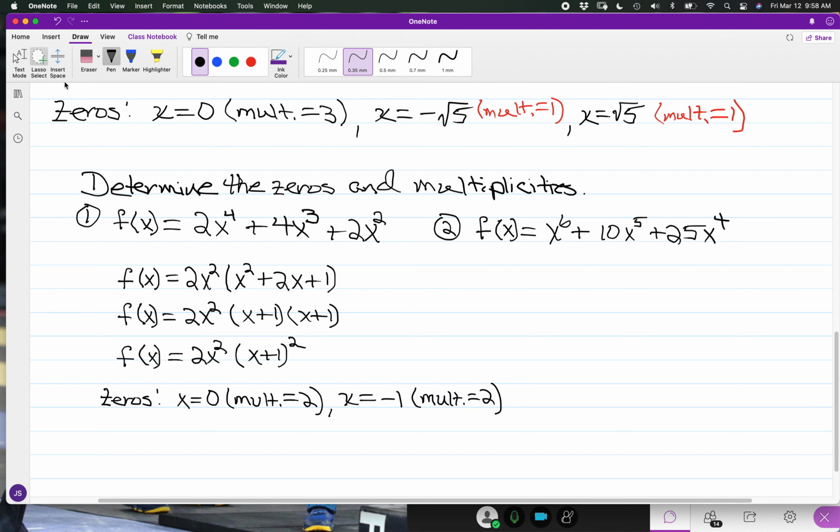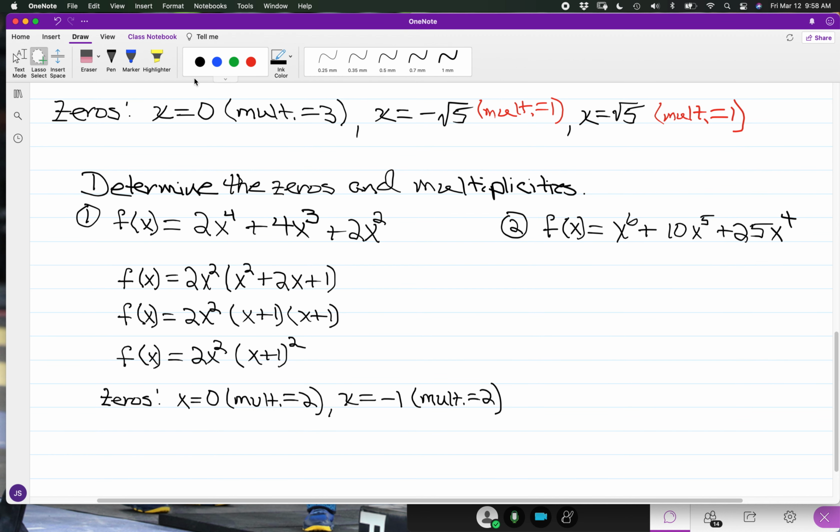All right, now in this other case, we have a sixth order polynomial that is written in expanded form. So we have f of x equals x to the sixth plus 10x to the fifth plus 25x to the fourth. Now we have x terms, and the greatest common factor is going to be x to the fourth.